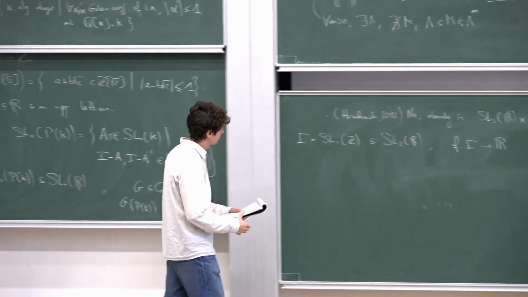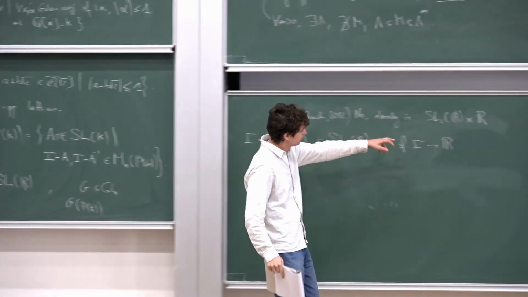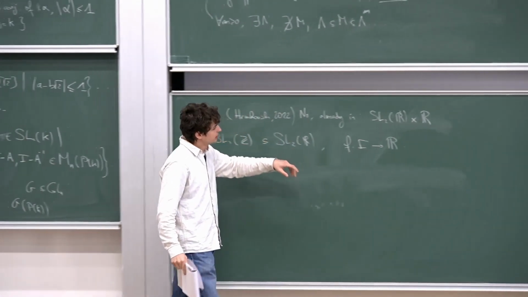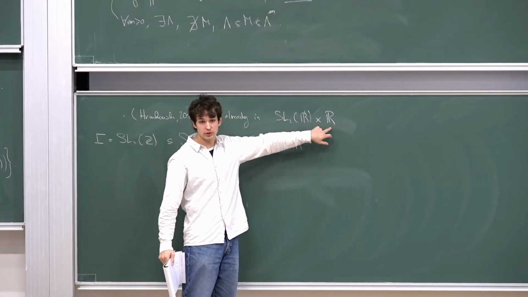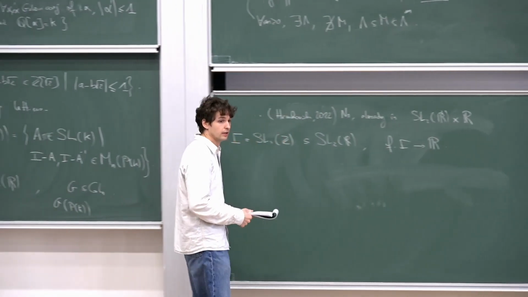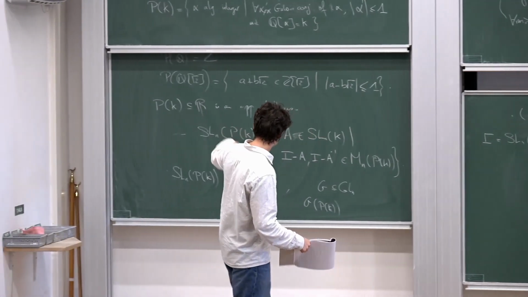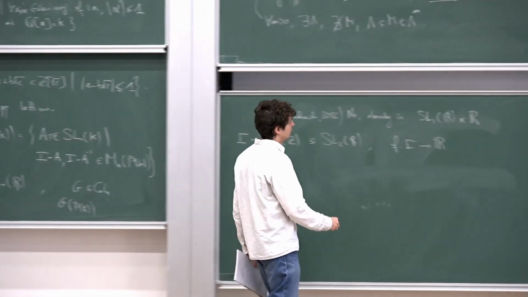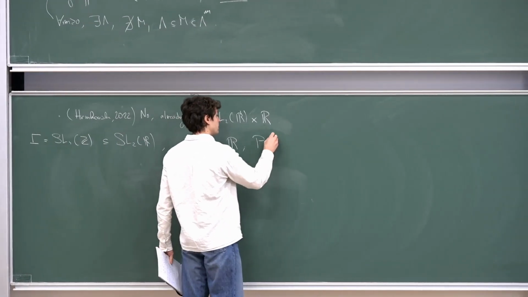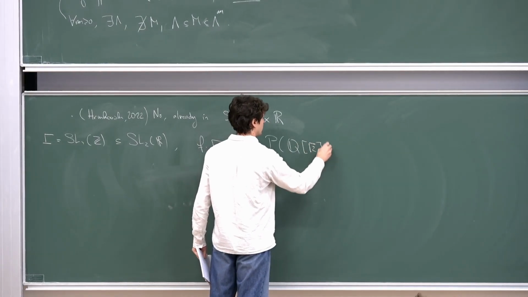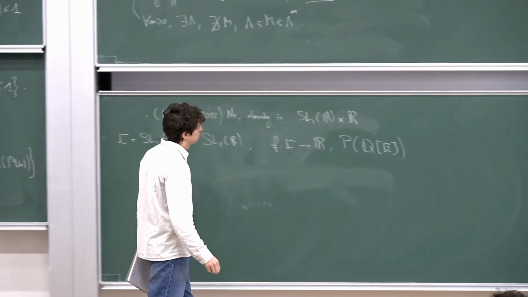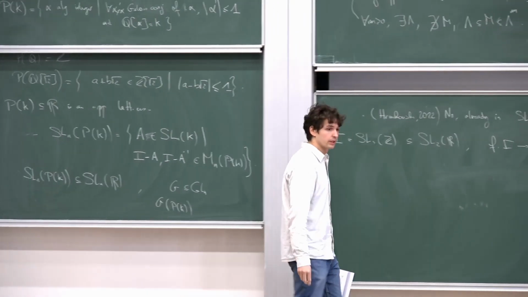So I have two things already: I have a lattice in SL2R, and I have a quasimorphism. And the other thing I will want is an approximate lattice in R. I take one of these examples, so I will consider this approximate lattice. Okay, this is an approximate lattice in R.